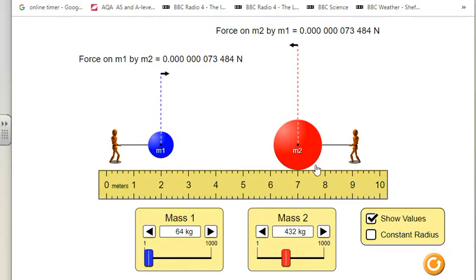Everybody's familiar with that. The bit that maybe you're less familiar with is there must be an equal and opposite attraction from the Earth towards you. You are pulling on the Earth too. Now the effect of that force is minimal because the mass of the Earth is so much bigger than the mass of your own body. So you don't see the effect of this, but it is there.